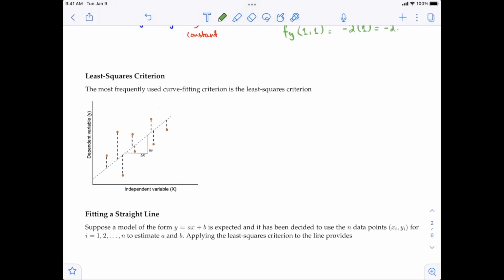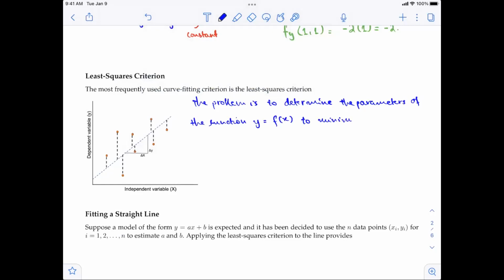The problem is to determine the parameters of the function y equal to f of x to minimize the sum of the absolute value of y sub i minus f of x sub i, and you square this.